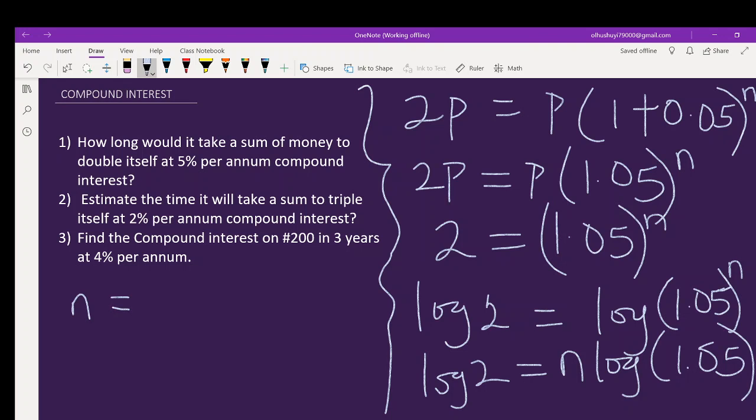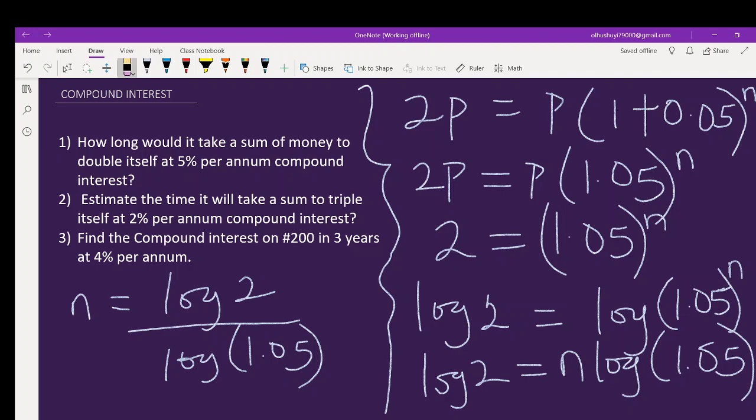So you divide both sides by log of 1.05. So you have n equal to log 2 divided by log of 1.05.